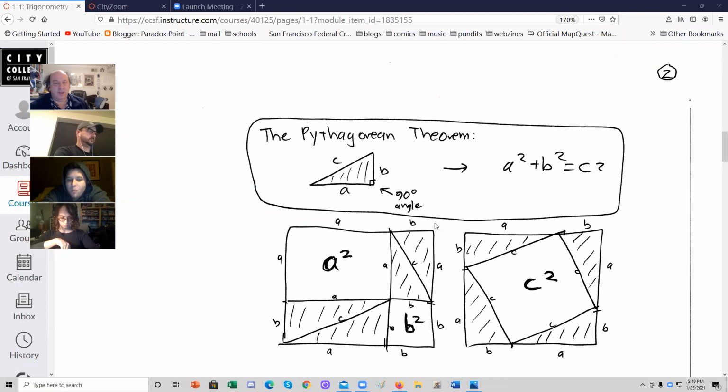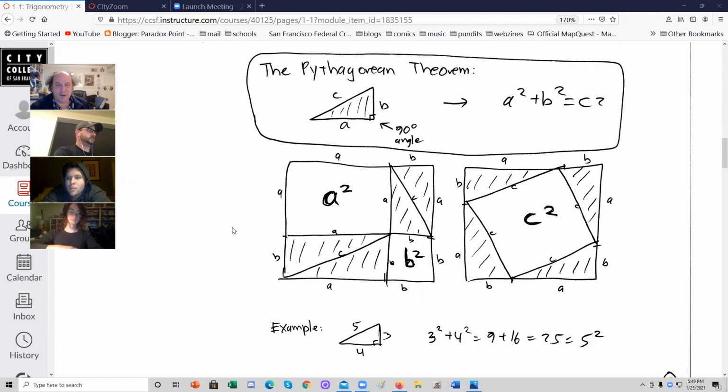Now here's not exactly a proof, not to Greek standards, but it's a demonstration up to South Asian standards. A mathematician from India drew this diagram in his book and wrote below it one word: behold. The idea being is that here's a big square with side a plus b.